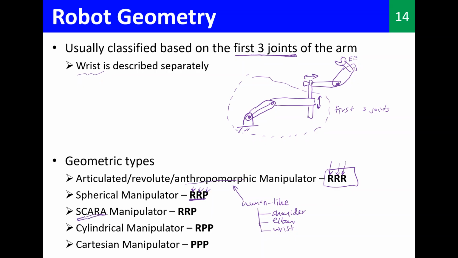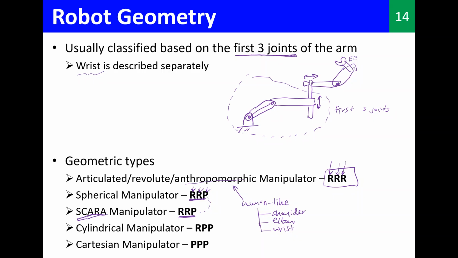In the robotics community, this is a famous manipulator as well. It also has RRP, but later you will understand the difference. Here we are only saying that the joint is revolute, we are not saying which axis.